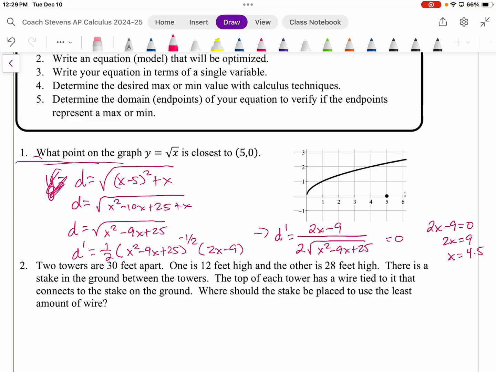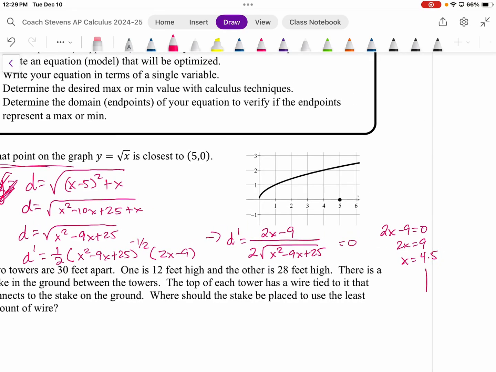Now I can test. We can't just assume it, we have to test. We test on both sides of 4.5. If I find d prime of 0, then we would have negative 9 over the square root of 25, which is negative 9 over 10.